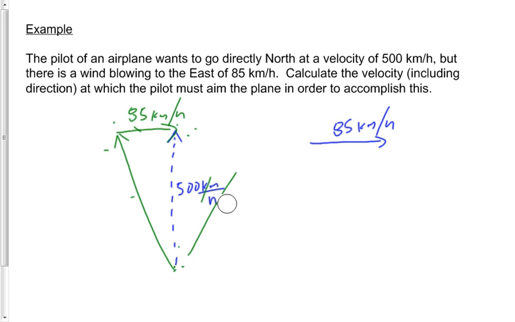All right, not too crazy math-wise, but understand that this time I'm not solving for my resultant. I have my resultant, 500. But I am solving for my hypotenuse. So the math is still the same, even though I'm solving for a different variable.